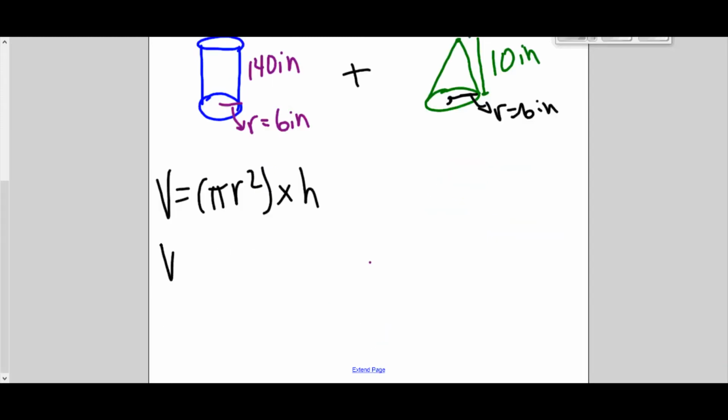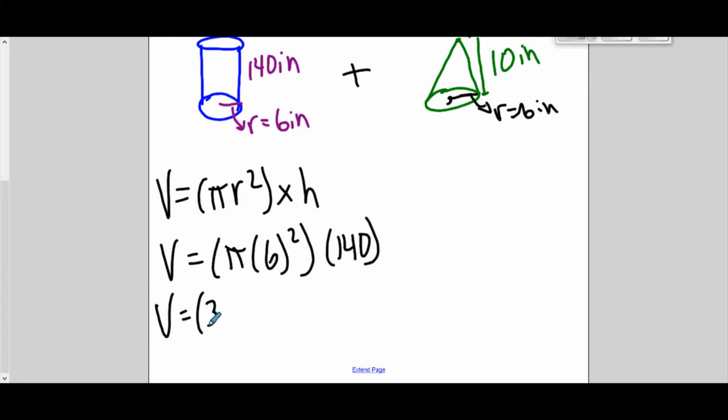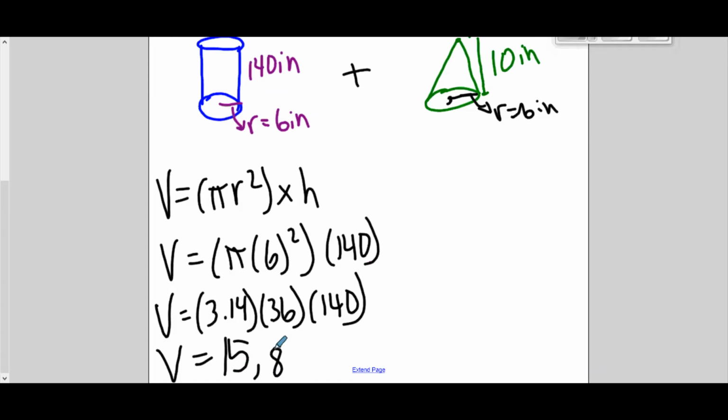So this will be pi times 6 squared times 140, which is going to be 3.14 times 36 times 140. So the volume of the cylinder is 15,825.6 inches cubed.